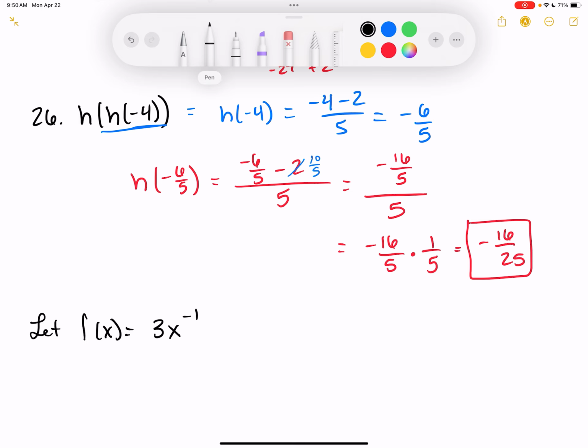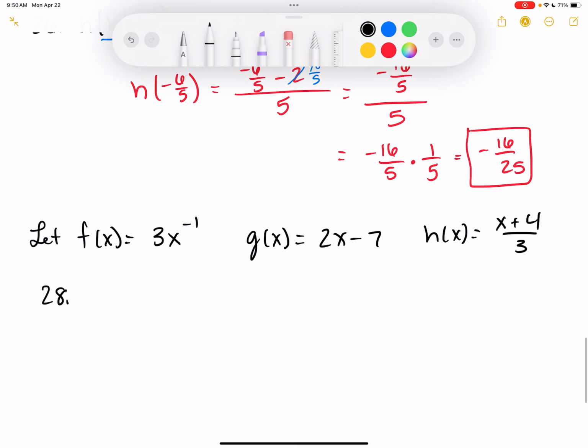G of x is equal to 2x minus 7. And h of x is equal to x plus 4 over 3. So 28 says f of g of x.